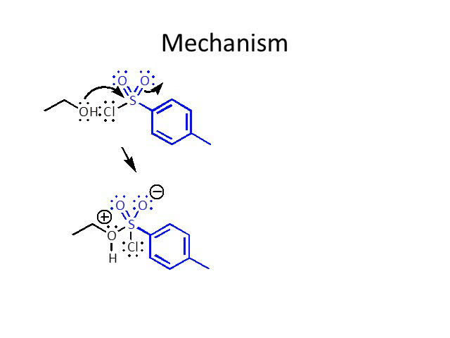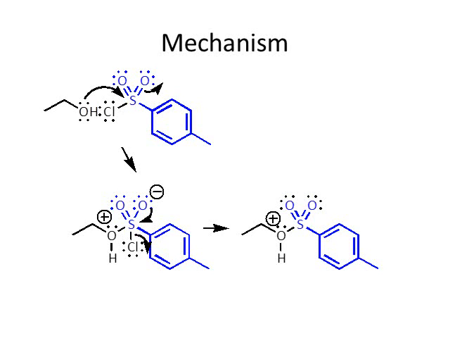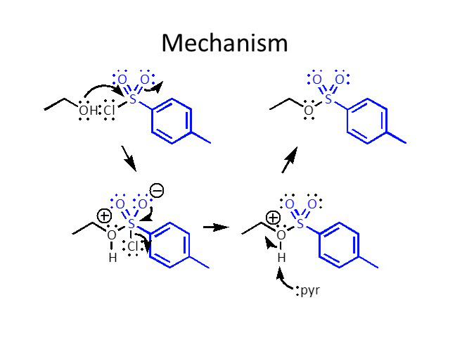And this is actually going to be one of the few times where I'm not going to break a bond around oxygen next. Because what I'm going to do is reform the SO double bond and kick out a chloride. And if we lose a proton, we get to our sulfonate ester, or our tosylate group, if you'd rather. Notice this is an addition elimination process. We'll see many addition elimination processes, especially when we talk about the reactions of carboxylic acid derivatives.